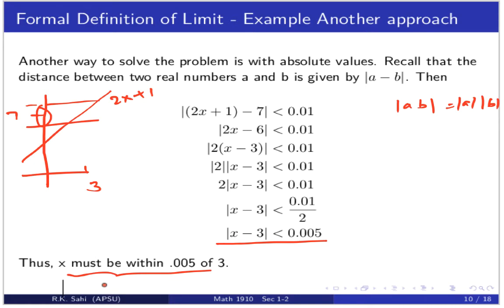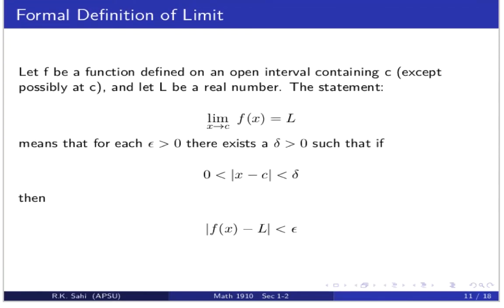So now, guys, I am going to give you the formal definition of a limit. Let f be a function which is defined on an open interval containing c, except possibly at c, and let L be a real number.